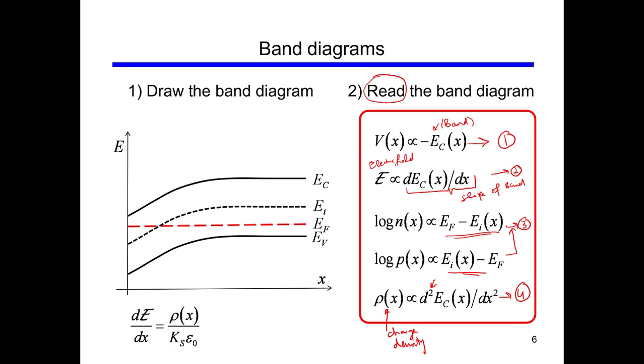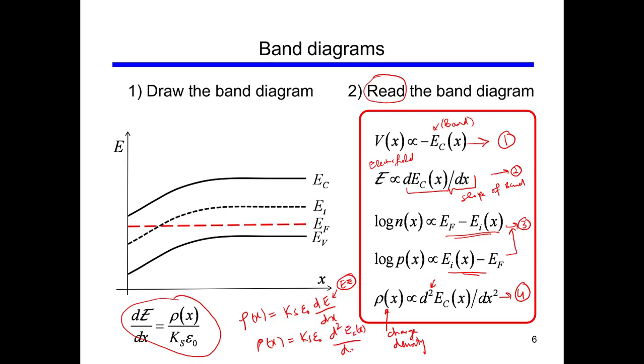It comes from this equation, in which the charge density rho x is Ks epsilon naught d by dx of the electric field, and if we put the value of electric field from above, it becomes d square Ecx by dx square.